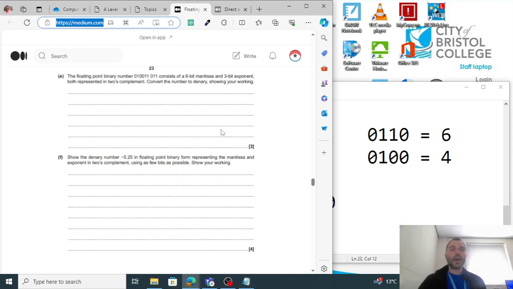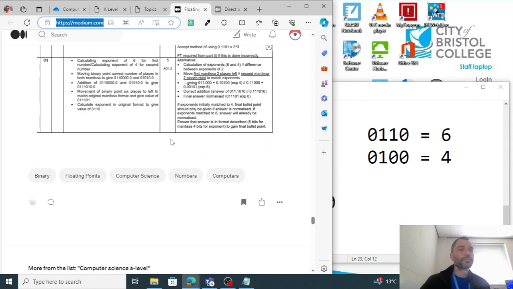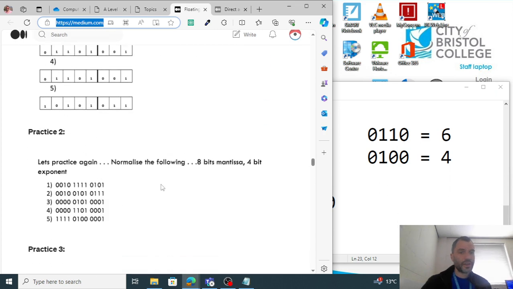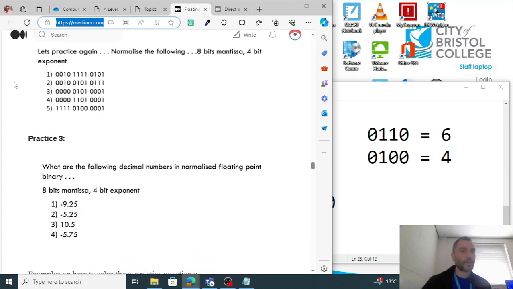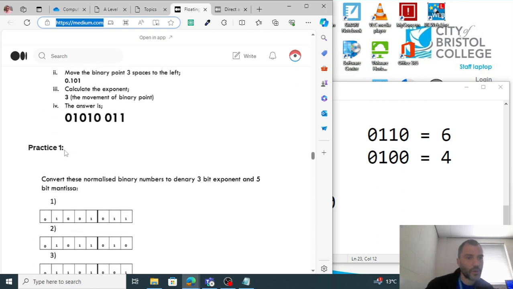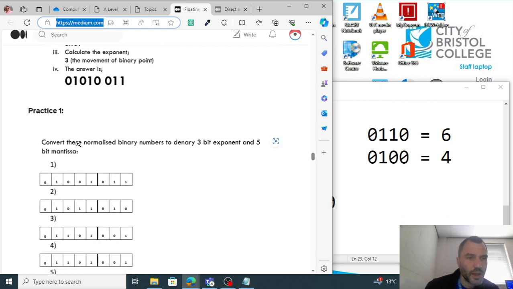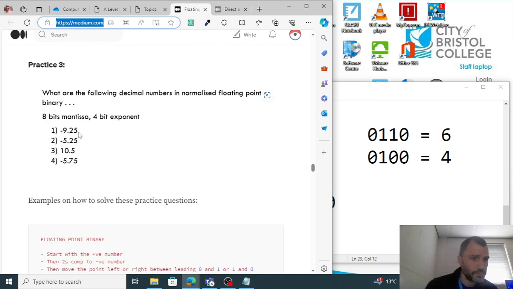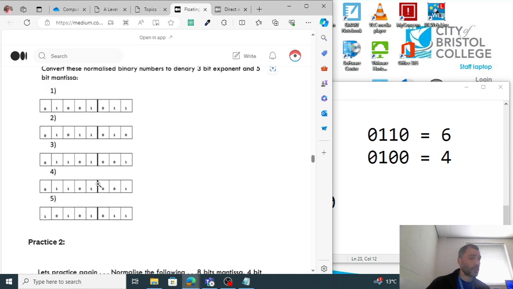Then have a look at some of the practice questions here. Like, multiply practice 1 is convert these normalized binary into denary, normalize the following, and then convert. These are quite difficult. These are about the hardest things you'll get. So give those a go.